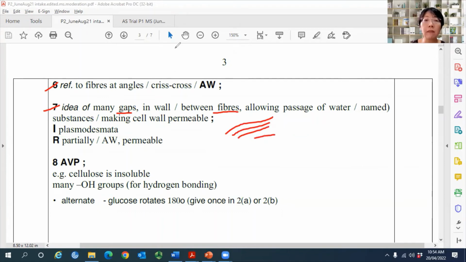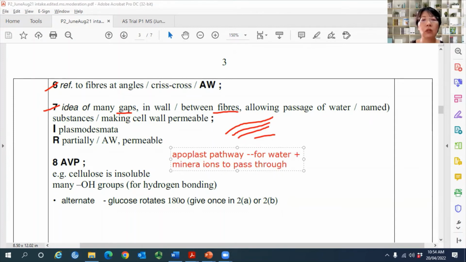The gaps are very important for movement of molecules, because the cell wall is the apoplast pathway for water molecules and dissolved mineral ions to pass through. It is also a pathway for the uptake of material. For example, sucrose needs to be able to pass through, right? Sucrose from the source goes into the companion cell.